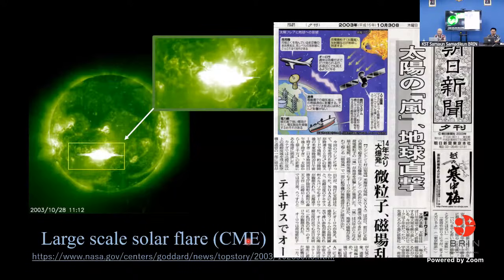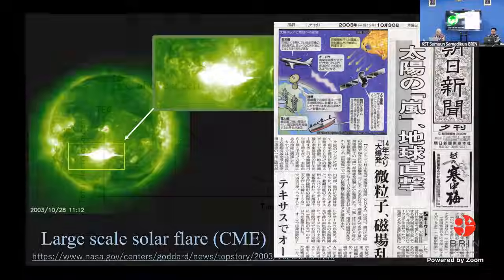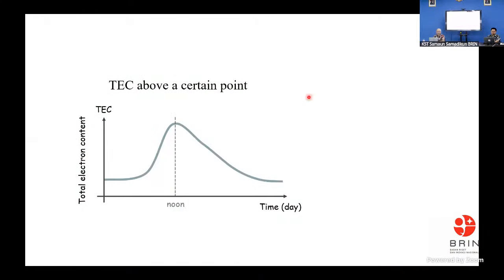Okay, and at this time, because this is a very large one, it appeared on the first page of the newspaper. So it says it may influence the performance of GNSS and may cause some problems in the navigation of vehicles. Okay, so that's the first example, and that is a solar event.